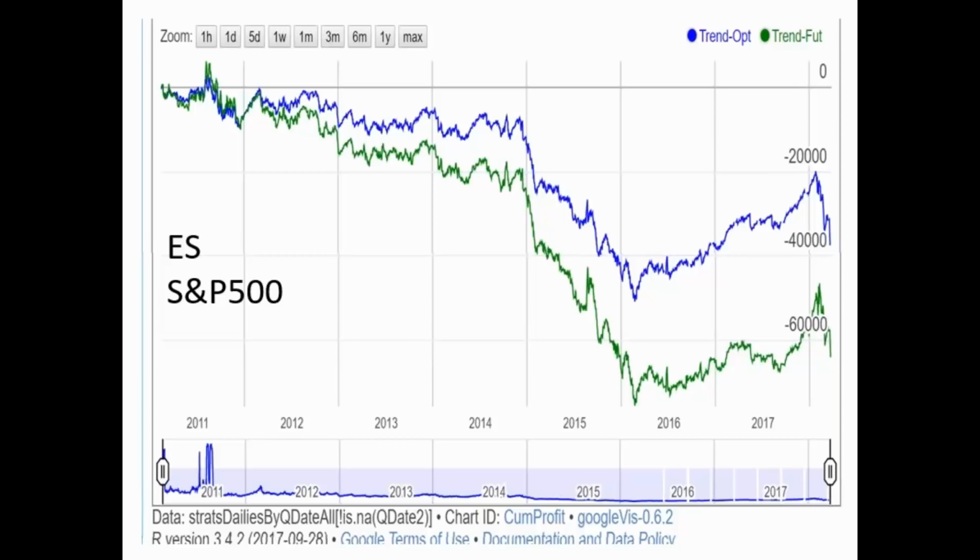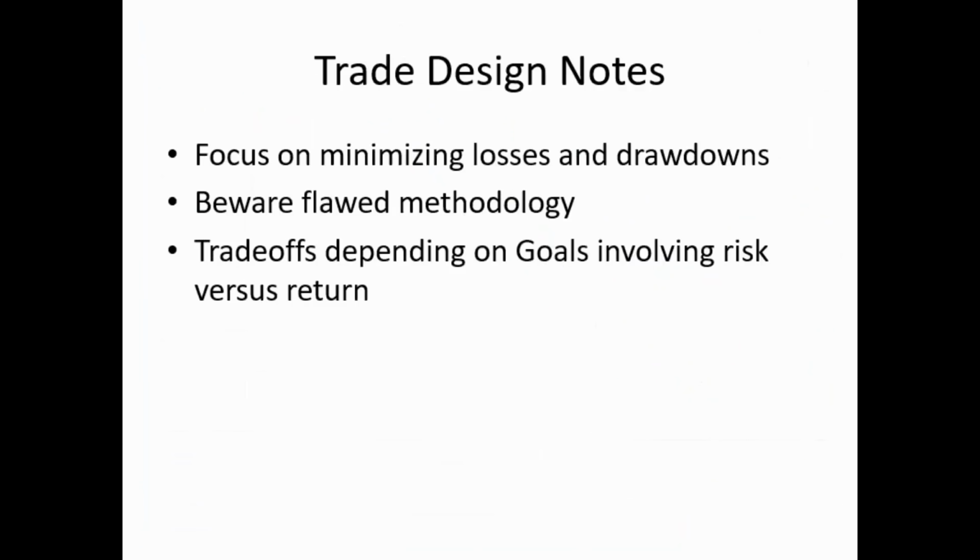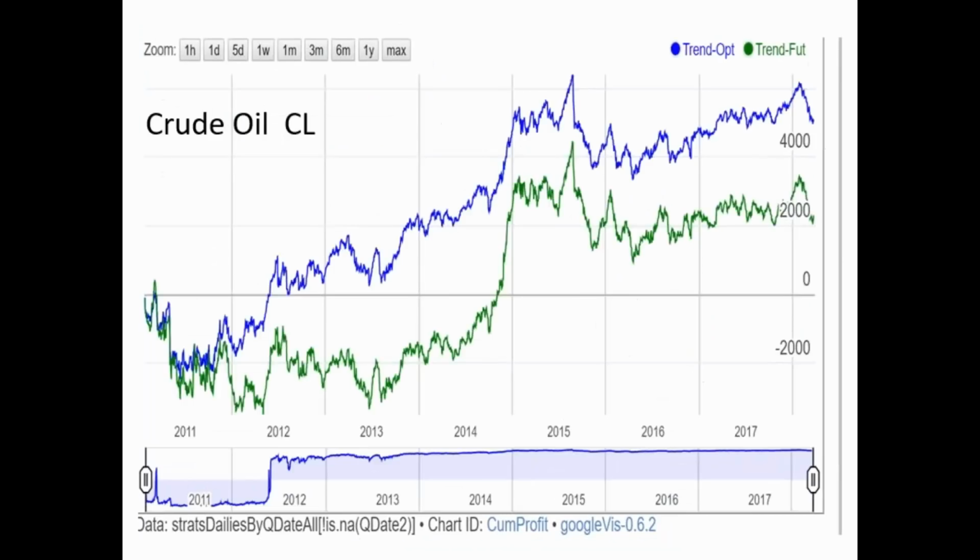There's a number of other markets that the goal would be to combine crude and... There are a lot of commodity markets that may trend very nicely, and ideally you would diversify across a whole bunch of them.